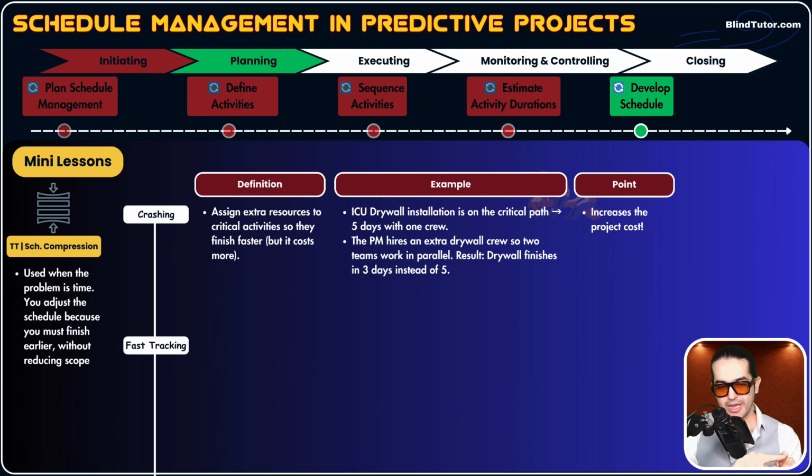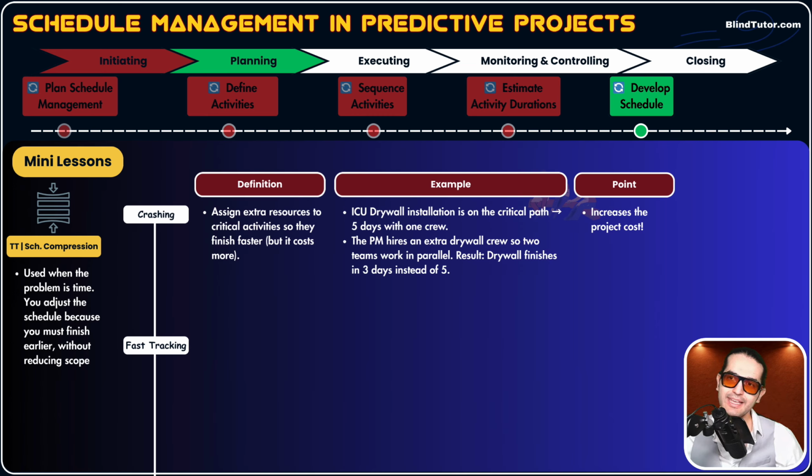Our critical path shows our project's duration. We have to add more resources to activities on our critical path to finish them earlier. When we finish an activity on the critical path earlier, our project duration is reduced and we can finish our project earlier.